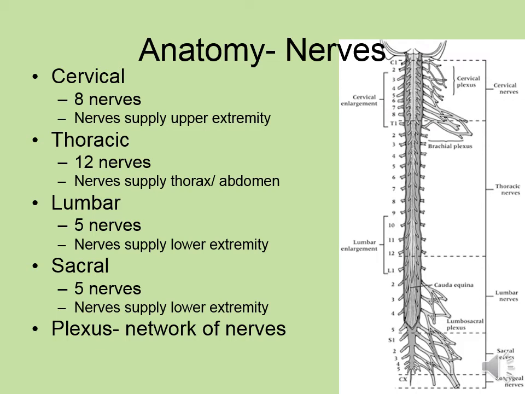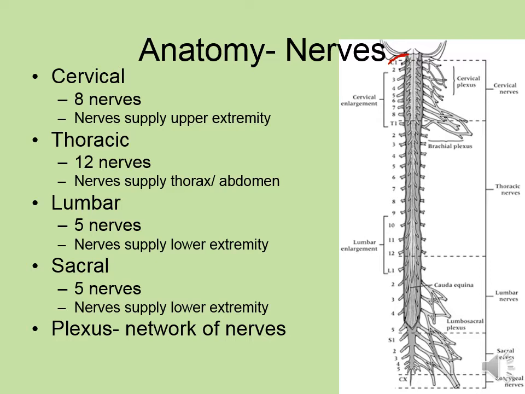As far as nerve anatomy, this is very important when it comes to the spine. We have 8 cervical nerves, and so not 7, because we actually have an extra one that comes out above C1. So we have the extra one at the top, and then we have another 7 to correspond with the rest of the vertebrae. Those nerves supply the upper extremities, so those go to the head, neck, and arms.